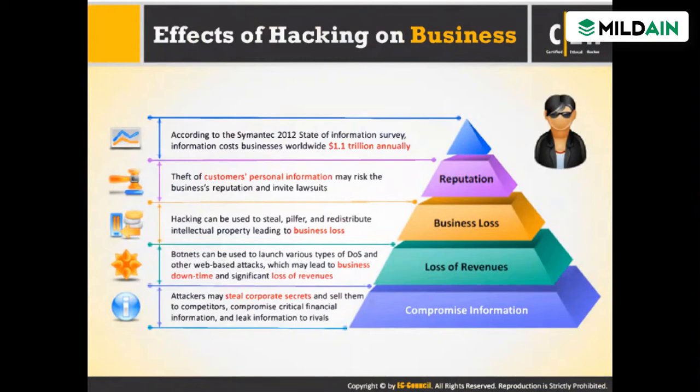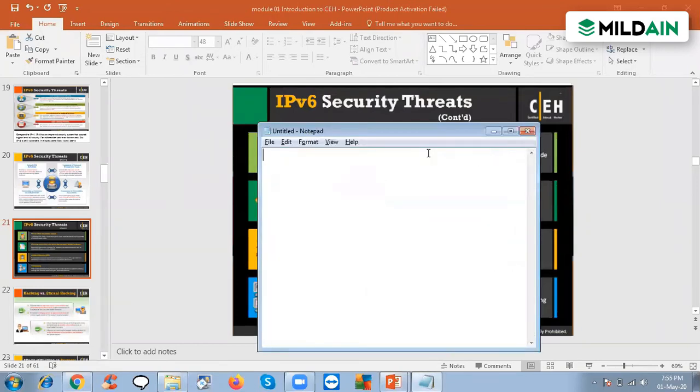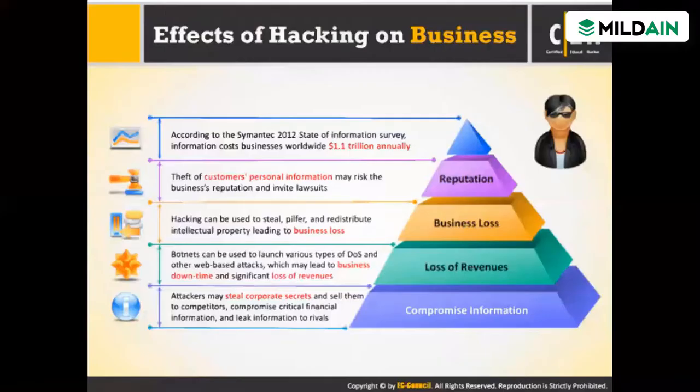Now, why is ethical hacking such a big business? There is a good reason behind it, and that reason is the loss due to hacking. So what are the losses that can happen because of hacking? Let's study that. Because of hacking, we could have the loss of information. My client's data can be lost. If my client data is lost, my client will be upset with me, and because of that, I will lose revenue.